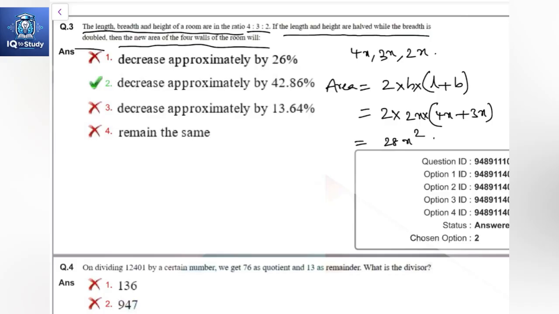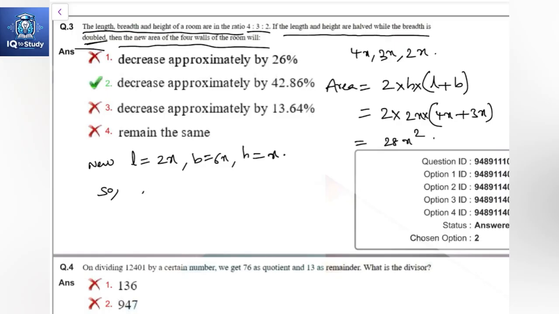Here the length and height are halved while the breadth is doubled. So the new dimensions will be: new length is equal to half of 4x, which is 2x, breadth is doubled, which means 6x, and height is halved, meaning x.